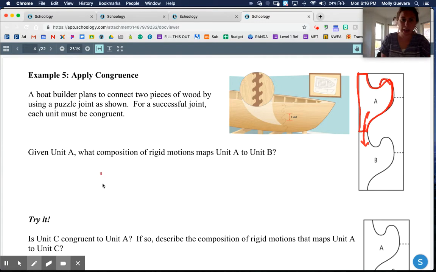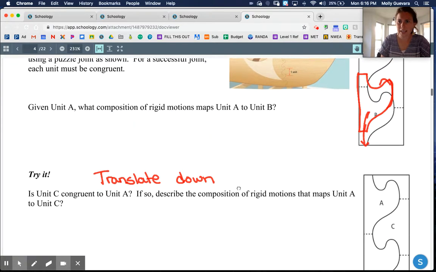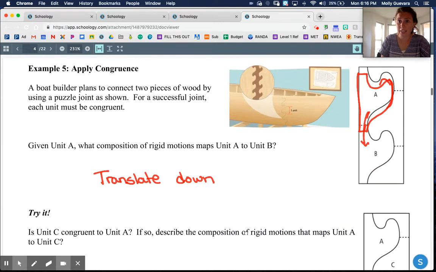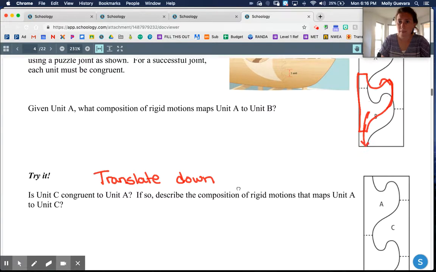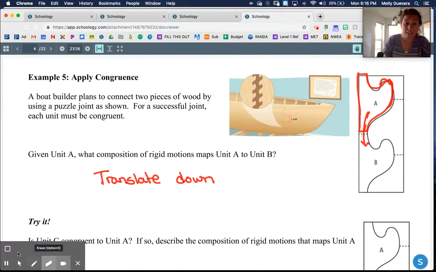So I can just translate down. If I just literally slide A down, it should line back up with B, and it does, right? So do you see how I can translate that shape? So it should just be a translation, and it is.